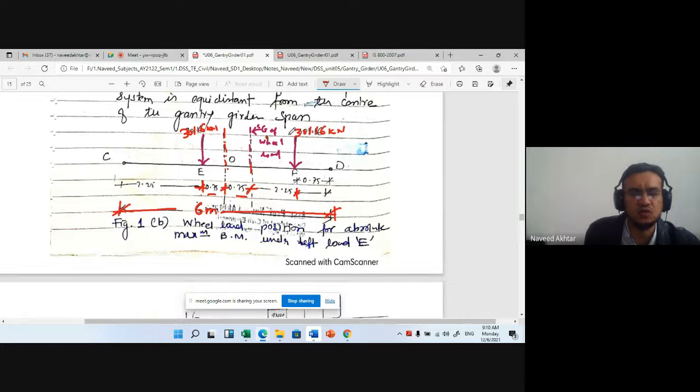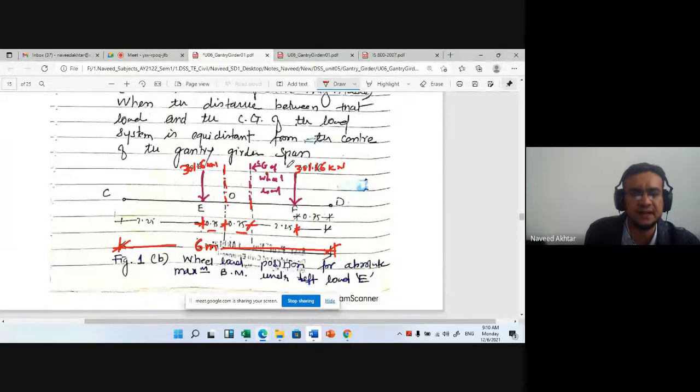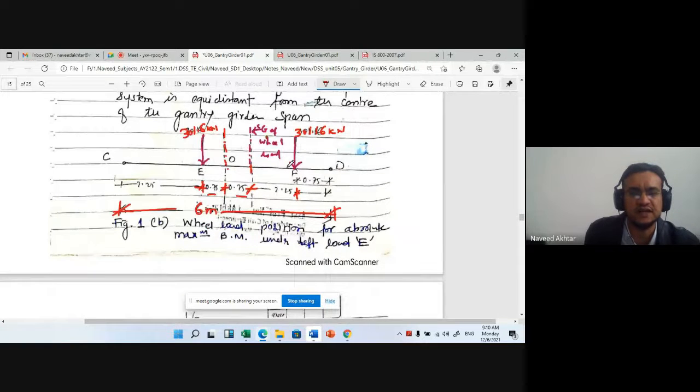And that load, two wheel loads are acting, and then we know that the maximum bending moment occurs when one of the wheel loads and the CG of the wheel loads are equidistant from the center of your gantry girder. So this is the center of your gantry girder at point O, and from point O one of the wheel loads is 301.6 kilonewton, and the CG of the wheel loads is here, both equidistant.